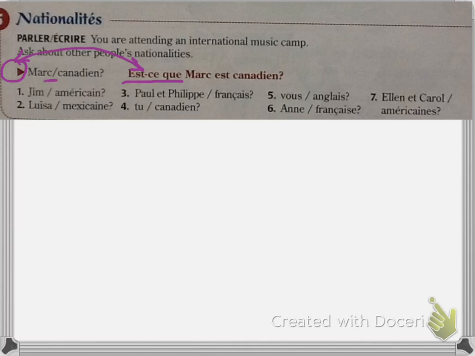But in this backslash spot, I need to add a verb. And this time we added est because our subject is Mark. So we're going to use the verb être every time.